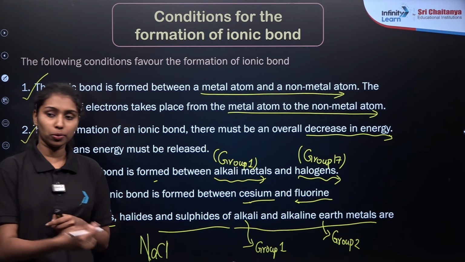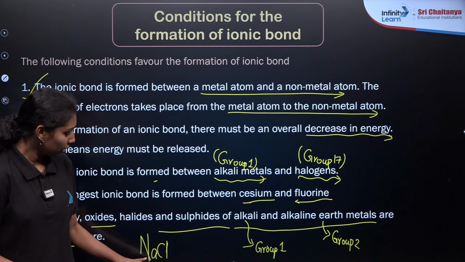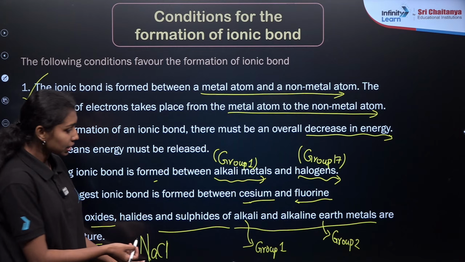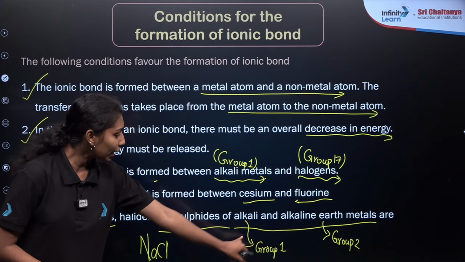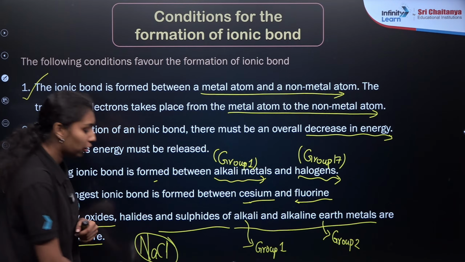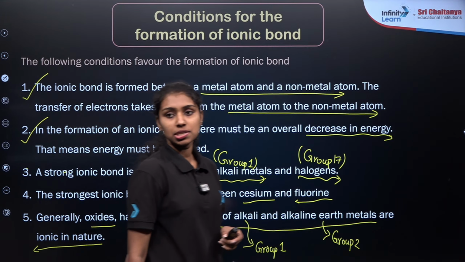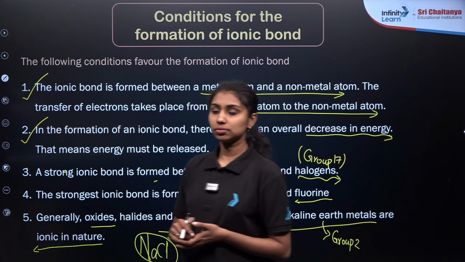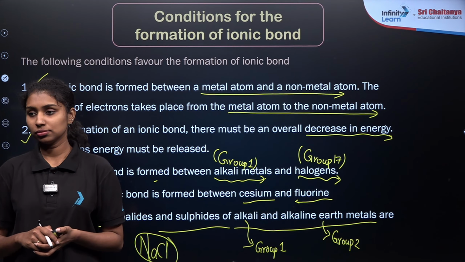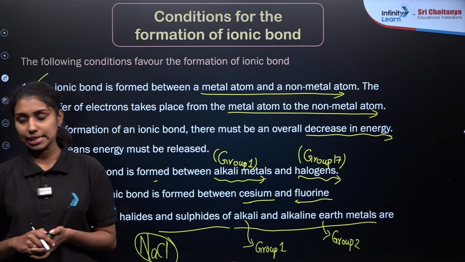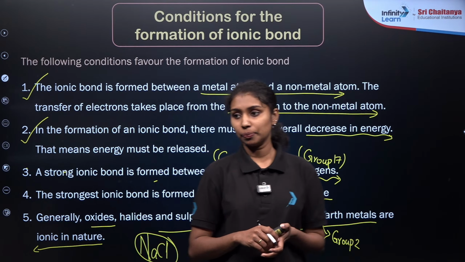Chlorine is the halogen, and they form the halide or the chloride. Sodium is the alkali metal, so if you have the halide of an alkali metal, obviously it is an ionic compound. Is that clear, Arush? We have already seen the formation of NaCl using Na+ and Cl-. Okay, fine.